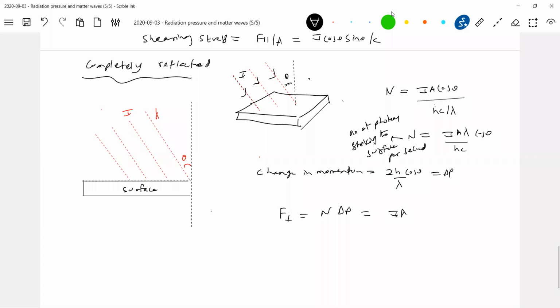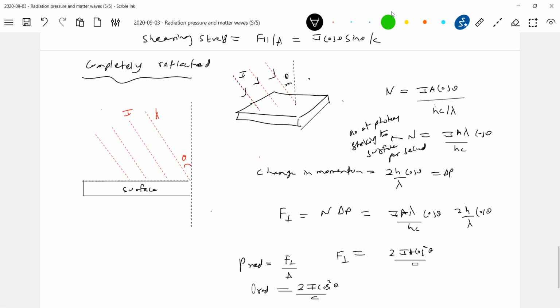So this should be equal to IA lambda by hc cos theta into 2h by lambda cos theta. So F perpendicular should be equal to 2IA cos square theta by C. So what is the radiation pressure? Two I cos square theta by C.